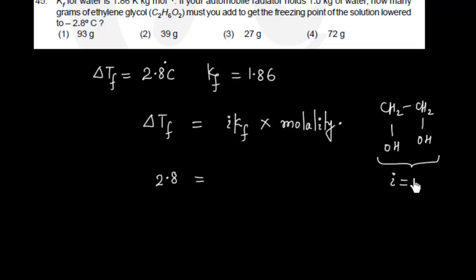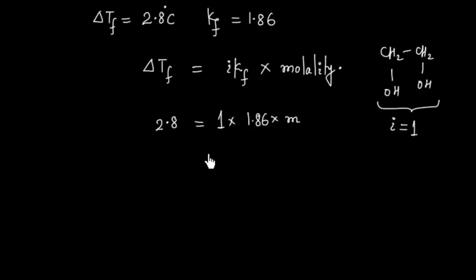So i equals 1, Kf is 1.86, and let us first find molality m. So m equals 2.8 divided by 1.86.